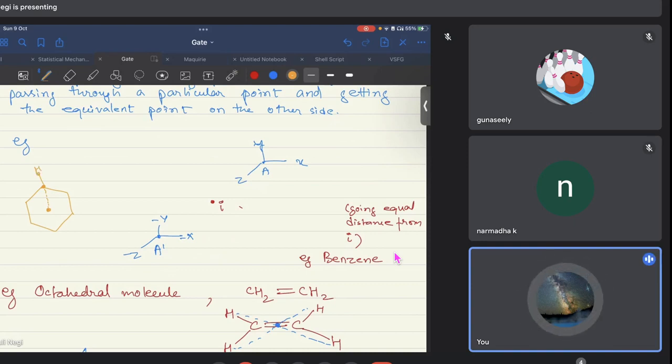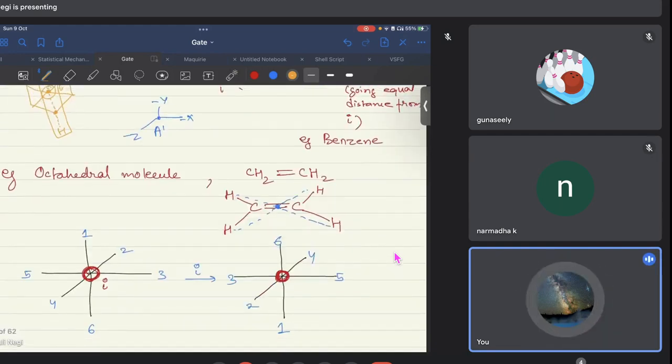Both the hydrogen and carbon get reflected at an equal distance, and that is why this particular point is the center of symmetry i. And not only this, but for the whole molecule I can go from this particular point and I will have the same point reflected at an equal distance, and that is why we call it a center of symmetry.